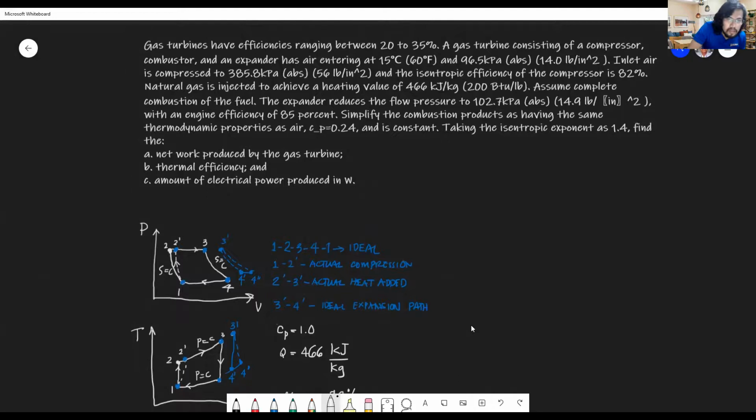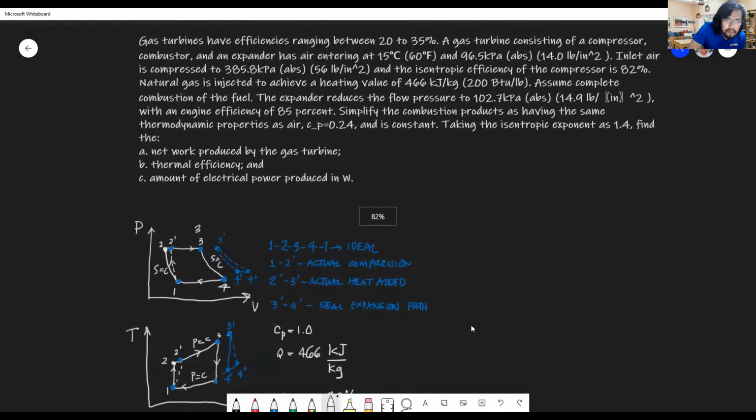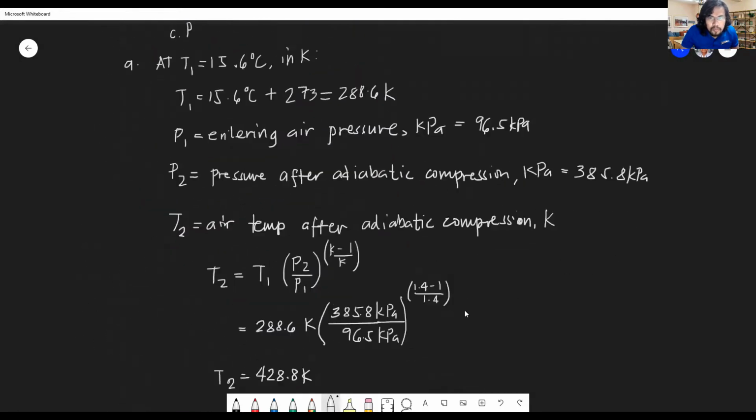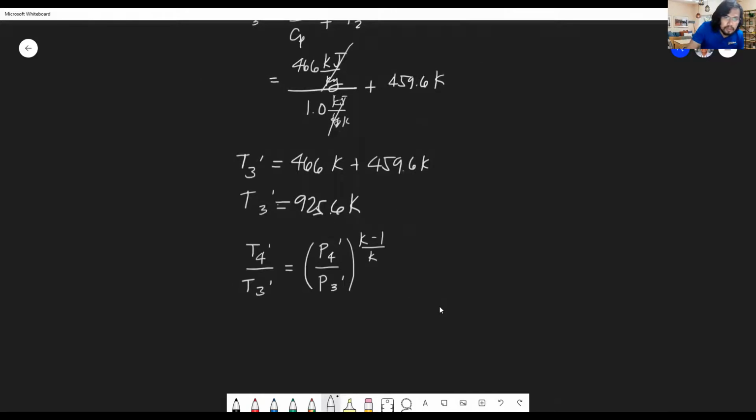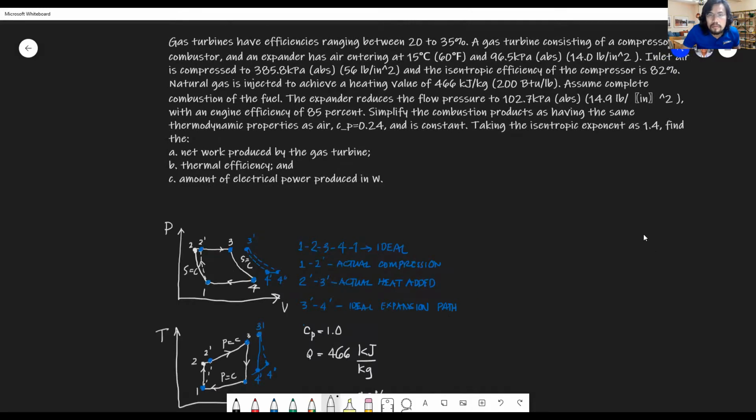Okay, from 385 to 96.5. So it's going to go back to that value. So there's a change in the pressure.